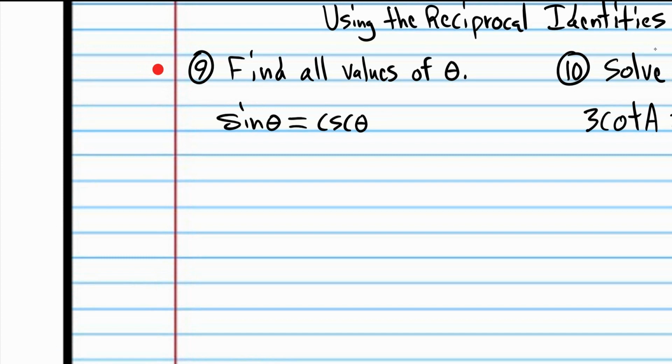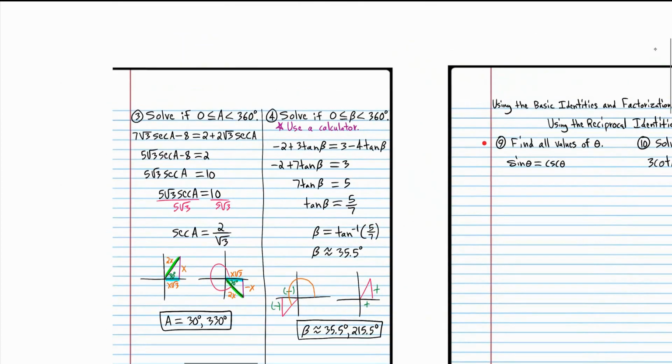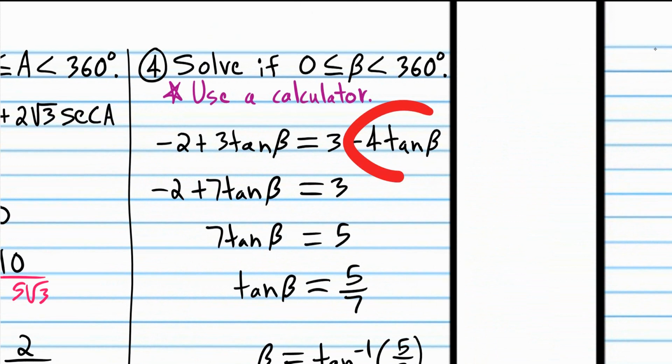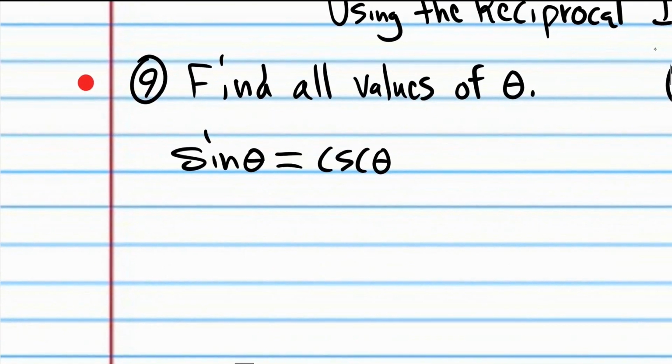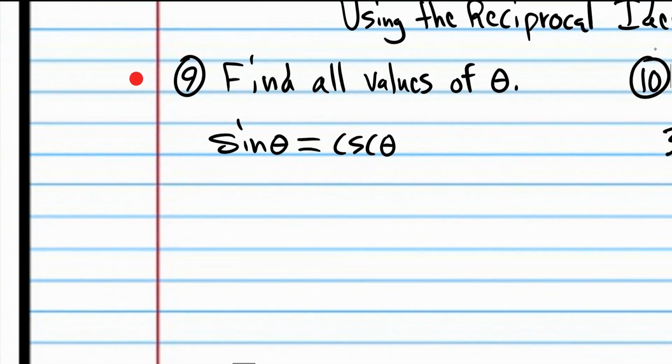The biggest problem that I see here is that we have two different trigonometric functions. We had problems over here where we had the same trigonometric function and we could combine to one, but we don't have that situation with this problem. So what do we do?